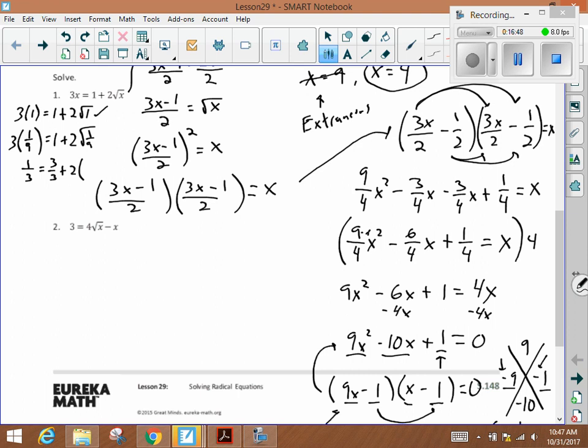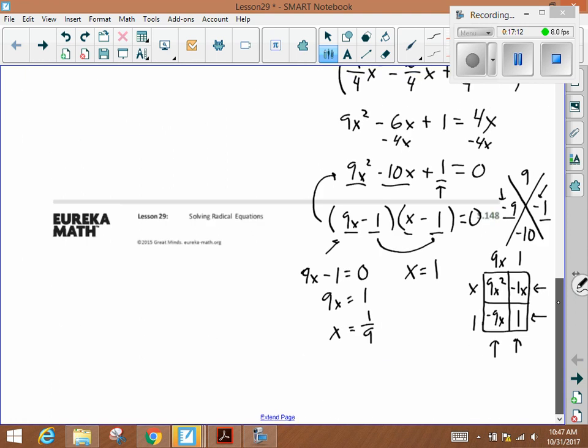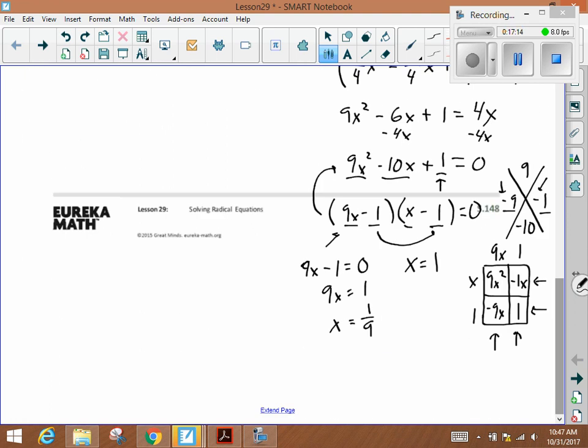So that's 2 times 1/3. Is 1/3 equal to 3/3 plus 2/3? No way, right? That would say 1/3 is the same thing as 5/3. It doesn't check. So we go back down, and I'm going to say this one, good. This one, no good. It's extraneous.